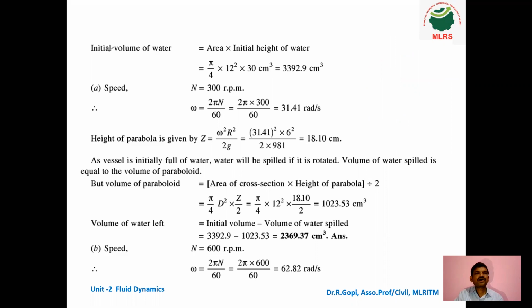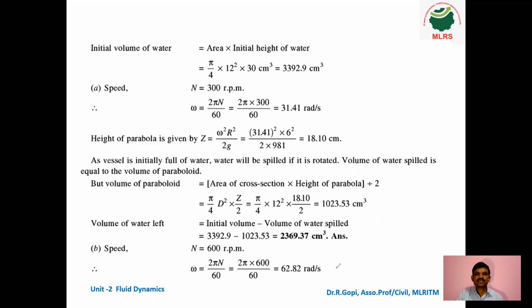So how to calculate the initial volume? For the cylindrical specimen, the volume formula is area into h. Area is pi by 4 into d square, it is 12 square, and h is how much? 30 centimeter.